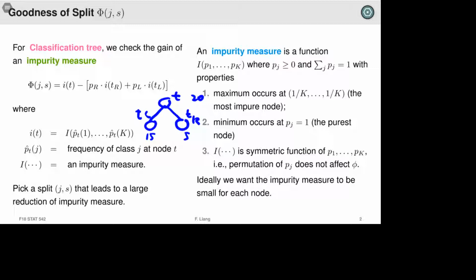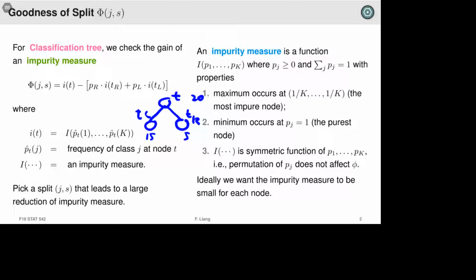And then we want the impurity measure. Ideally, if we want a node to be pure, we want the impurity measure to be small. So this impurity measure is going to achieve the maximum value if your probabilities over the k classes are equally likely. So if the probability vector is 1 over k, 1 over k, 1 over k, then you want that function I to give you the largest value because it's really not pure.